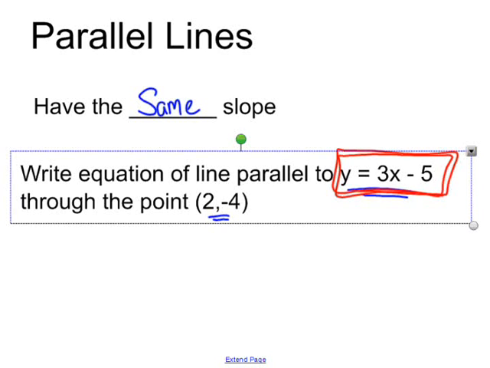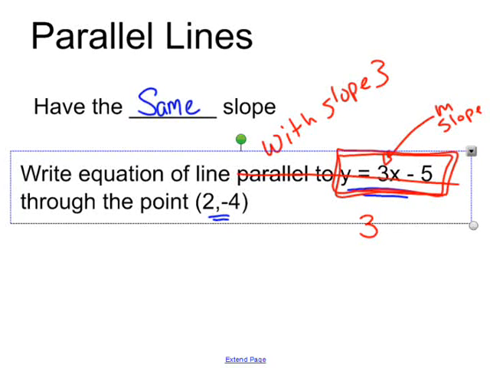So from what we learned yesterday, I know my slope is the number in front of my x, so my slope is 3. Now this question is asking me to write an equation of the line with slope 3 going through the point (2, -4).